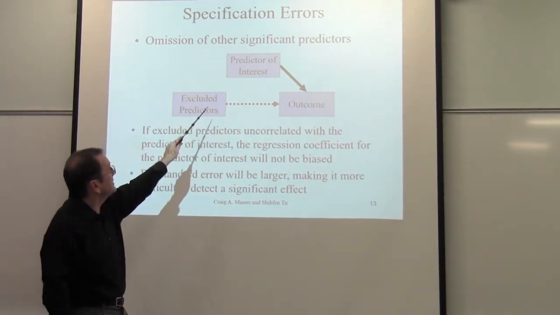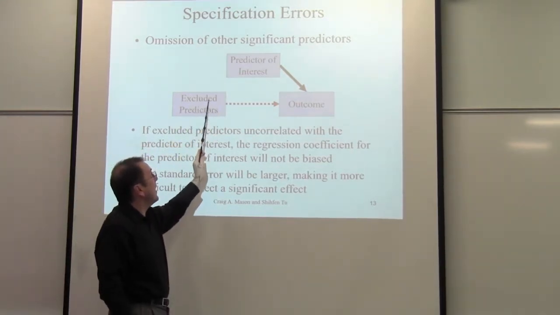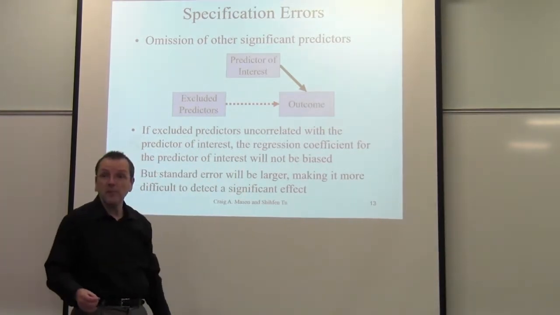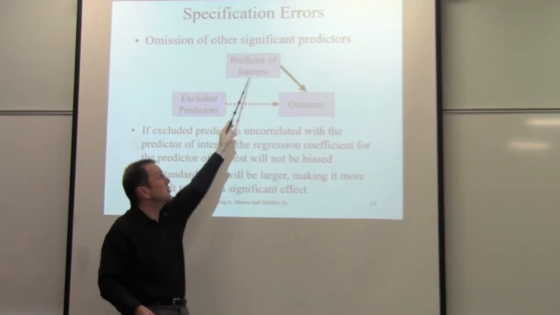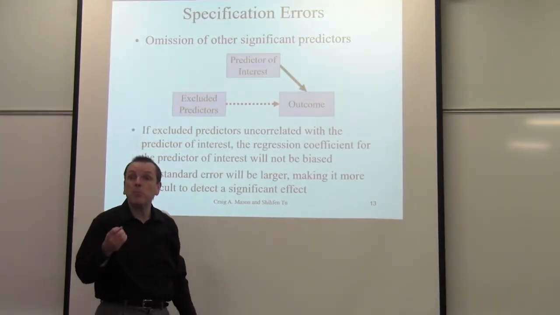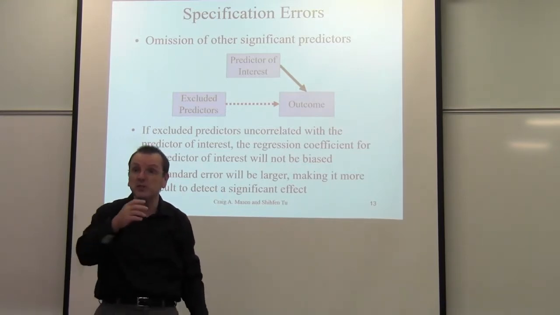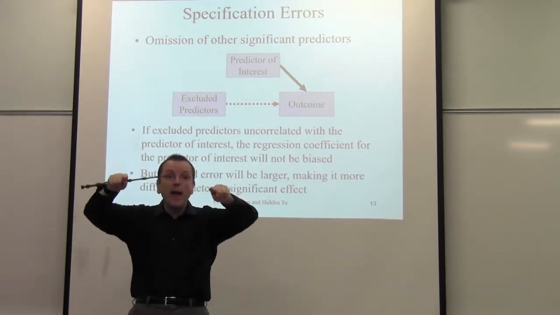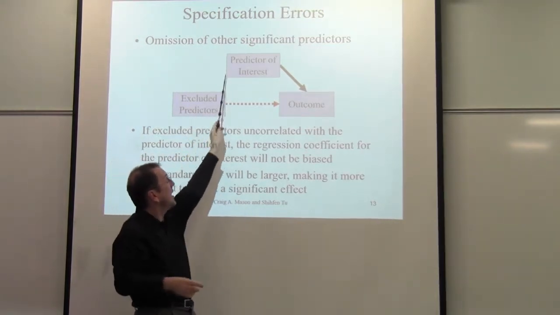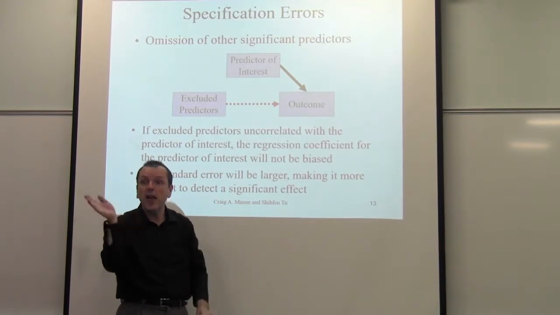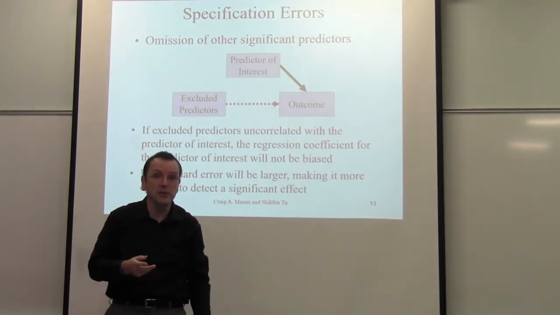Now, Keith makes the point that on the other hand, if it's not a common cause, if it's something related to the outcome but unrelated to your other variable of interest, you don't have to worry about it because it won't bias the regression coefficient. And we saw with the Venn diagrams, there's no overlap between this variable and that variable, so whether it's in there or not has no impact on your regression coefficient.